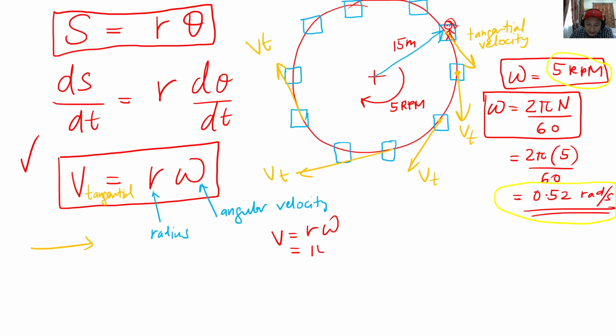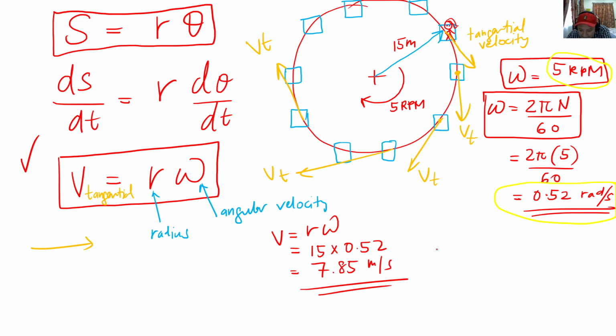Your radius is 15 meter. Your omega is 0.52. You experience times 15. 7.86. You experience 7.85 meter per second.